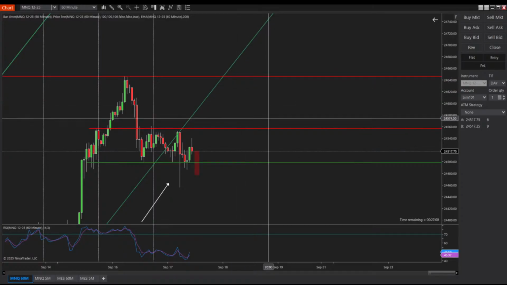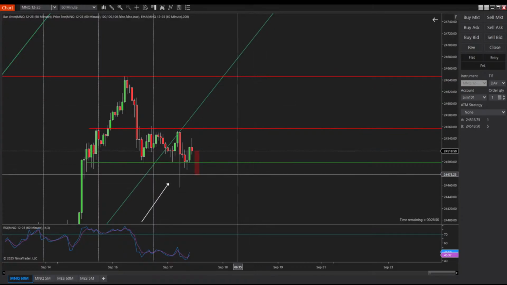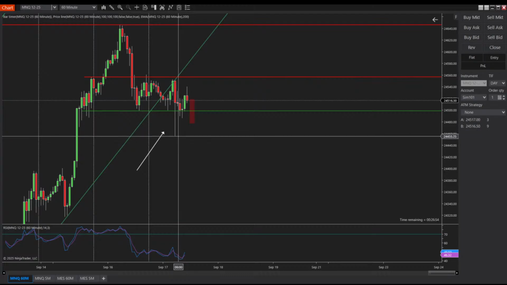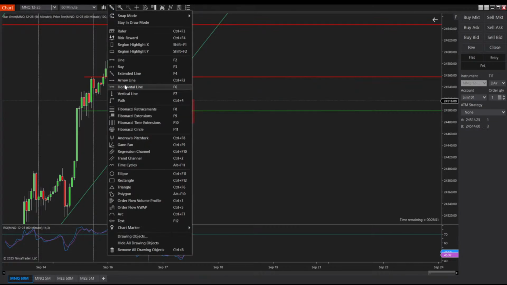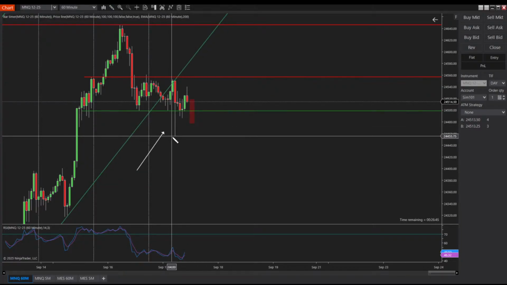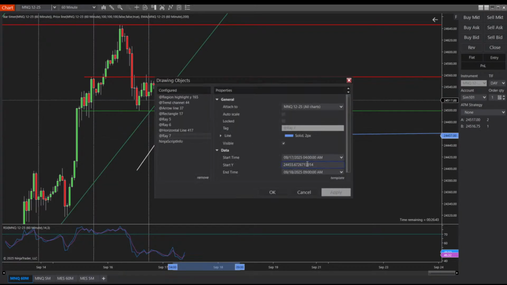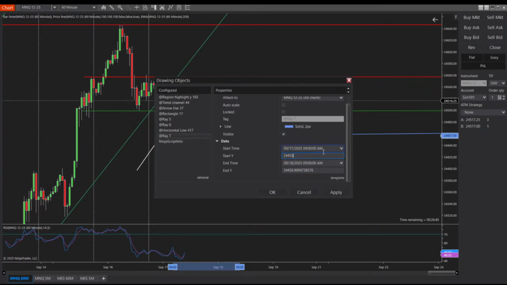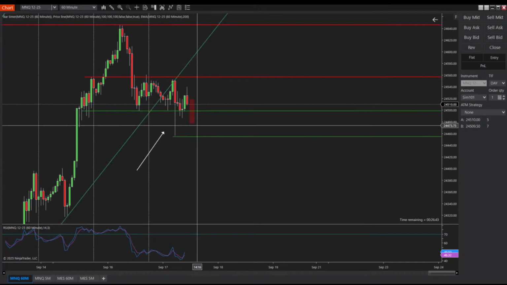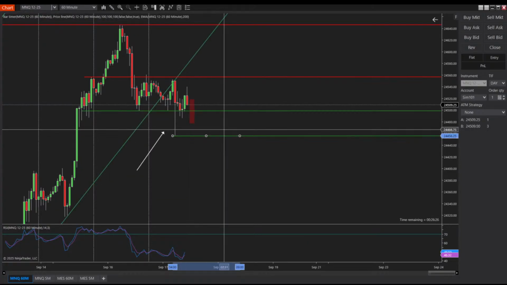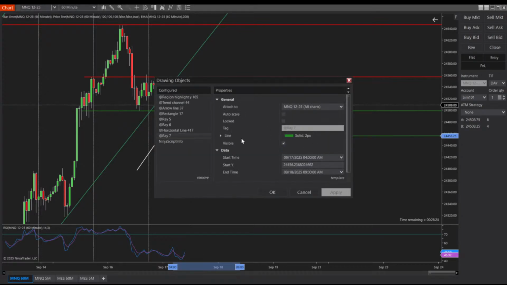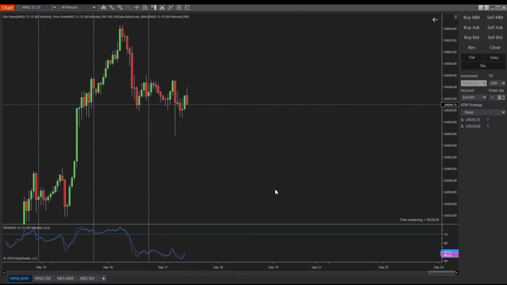And we can mark this low right here, this overnight low, to potentially be a target for liquidity. There it is. I'll lock that in place.